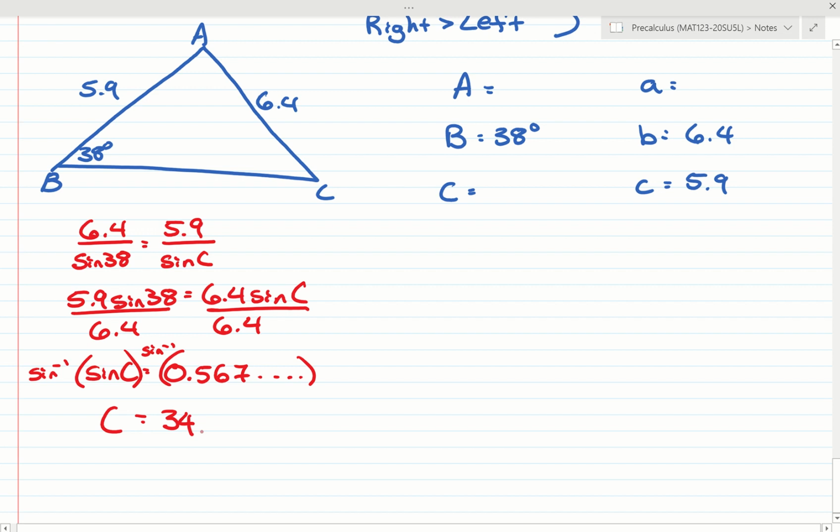And this comes out to 34.6 degrees. Now that we have two angles, we could do 180 minus those angles to get the third one. 180 minus 38 minus 34.6 is 107.4 degrees.